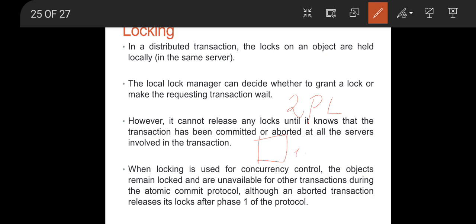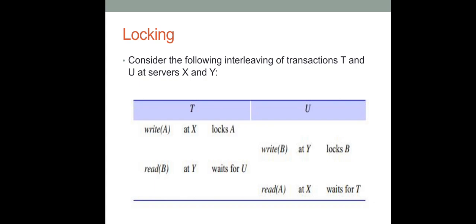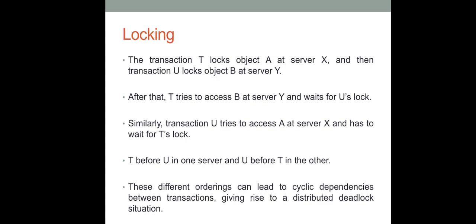And after executing all the operations, at the end it will have to unlock all the objects. That is called the shrinking phase. Now if we follow 2PL, then there will not be any problem of deadlock. Now this shows the basic concept of how the locking works. A serialization similar to that of a centralized system has been used.